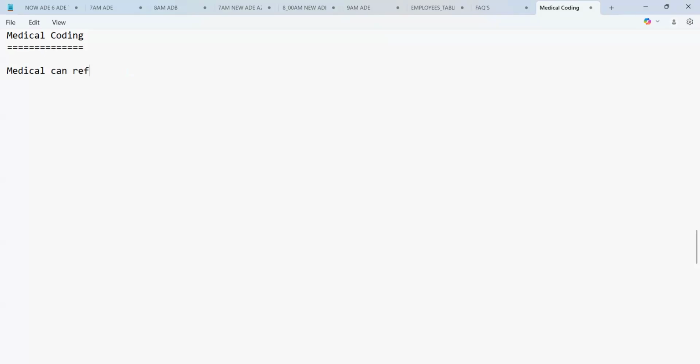Medical can refer to either medical examination, exactly, medical examination, or medical treatment, guys. Medical treatment.